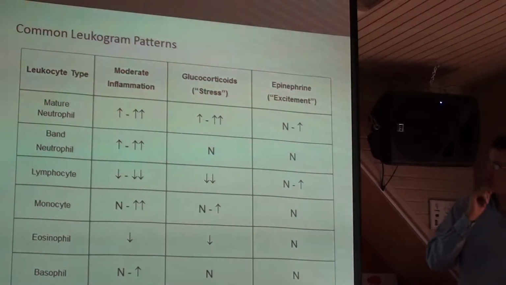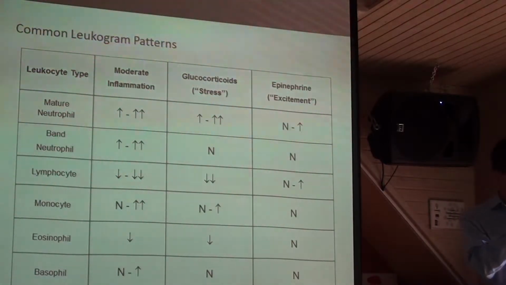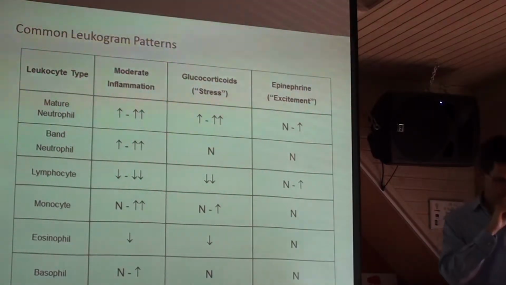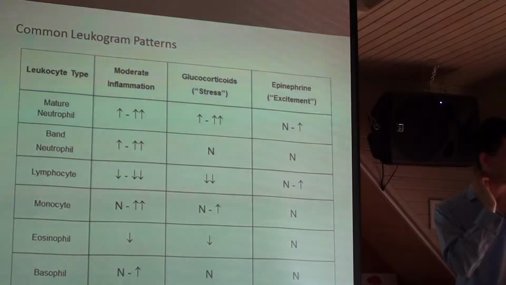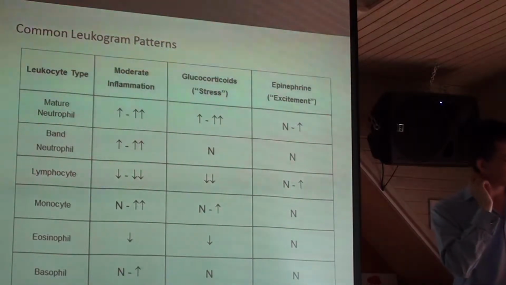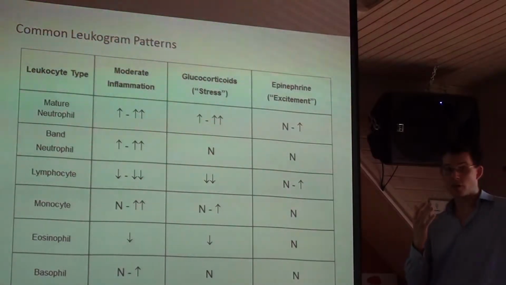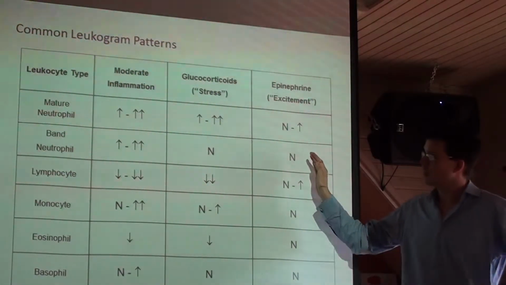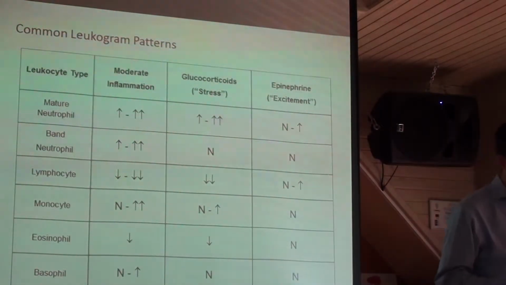We've got moderate inflammation, stress and excitement. So when I'm looking at a hematology report at the white blood cell differential, I'm trying to decide which of these categories my patient might be within.